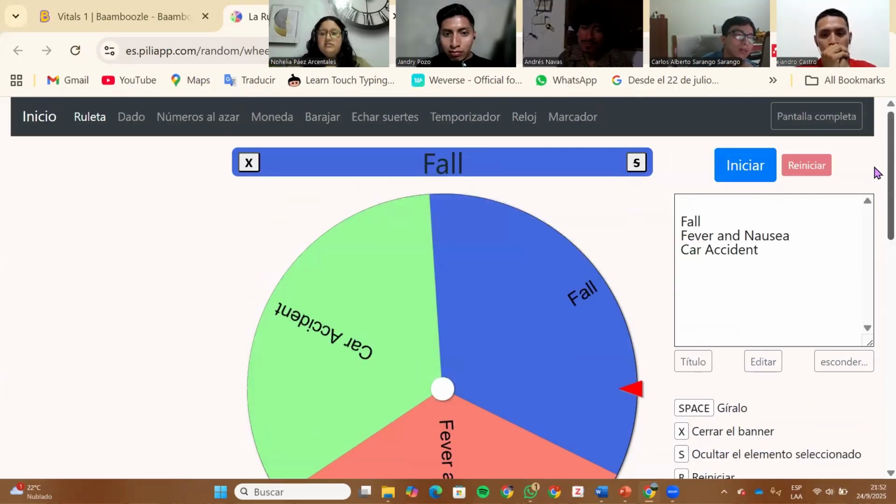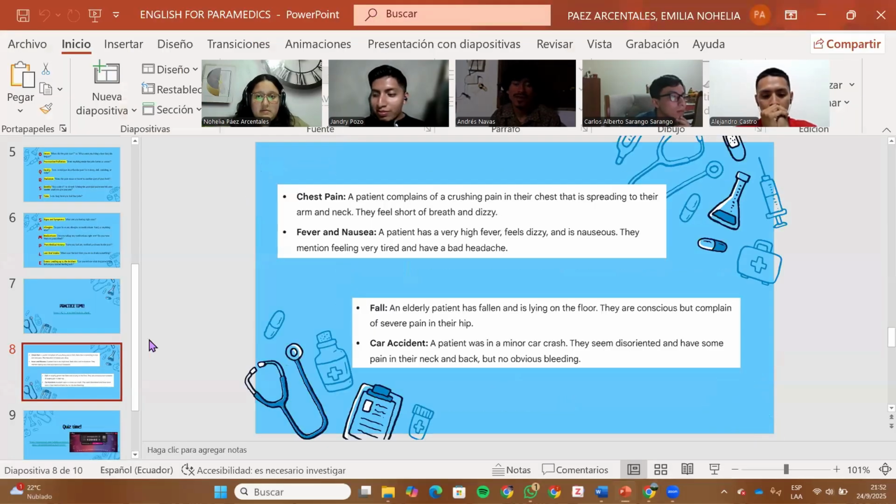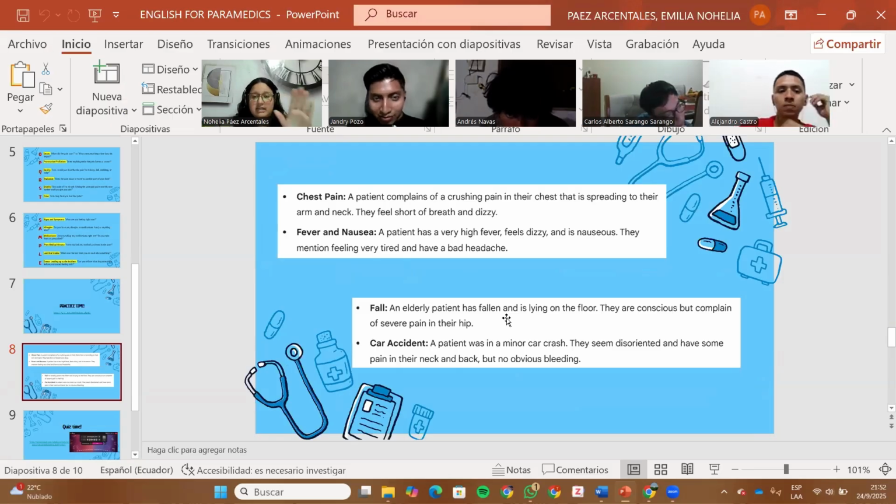Okay, so you fell from somewhere. Let's go back to the presentation. From somewhere like stairs, right? Maybe it could be. Yes. Here it says, an elderly patient is not suggesting anything to you unless they have fallen and are lying on the floor. They are conscious but complain of severe pain in their hip.